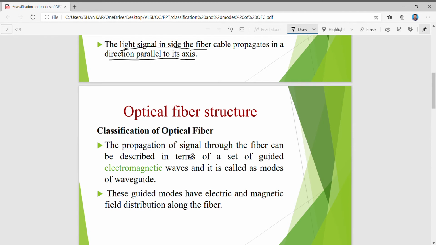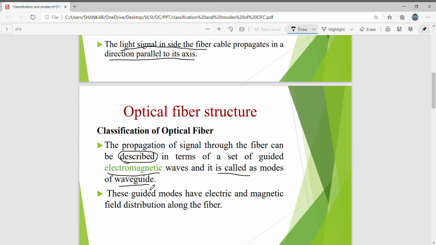The propagation of signal through the fiber can be described in terms of a set of guided electromagnetic waves. So the propagated signal through the fiber can be defined in terms of electromagnetic waves, and these are called the modes of the waveguide.